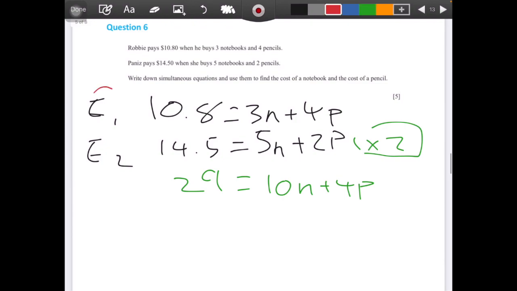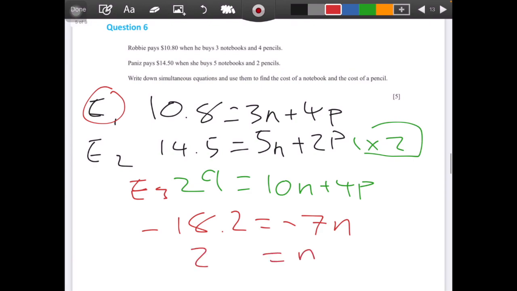And subtracting equation 1 from the new equation 3, we get 10.8 minus 29 would be negative 18.2 is equal to negative 7n. 18.2 divided by 7, we would get something like 2.6. I'm going to need a calculator for this one.